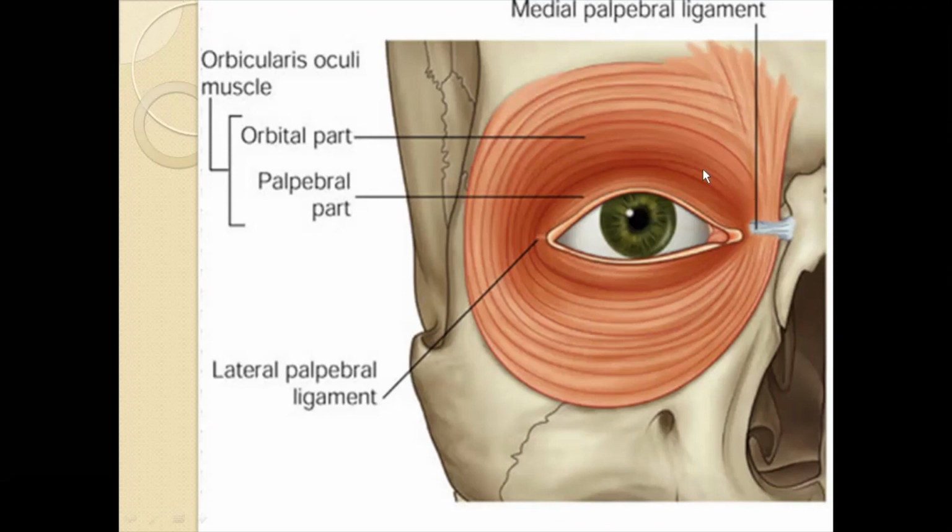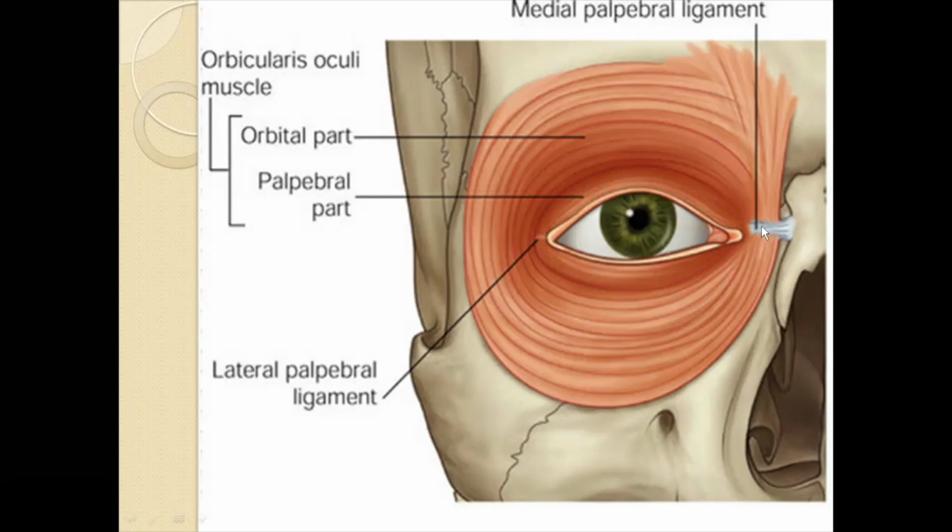The fibers sweep around in a C-shaped manner around the orbit and insert into the medial palpebral ligament from the frontal process of the maxillary bone. Now, this is the frontal process of the maxillary bone.